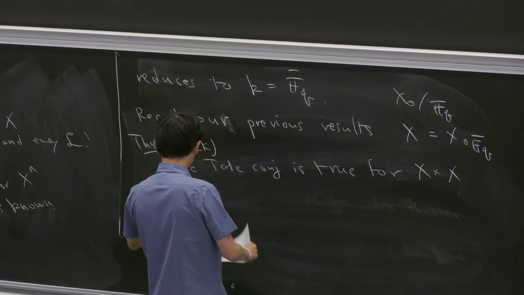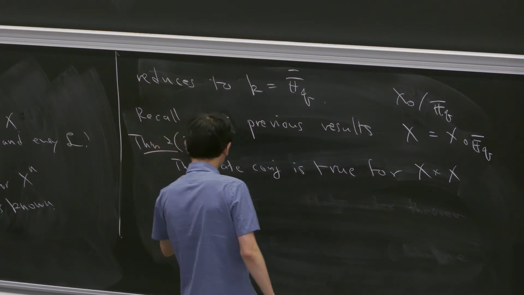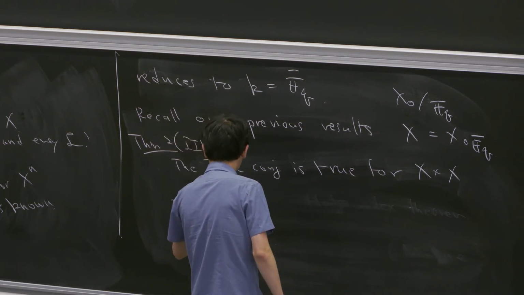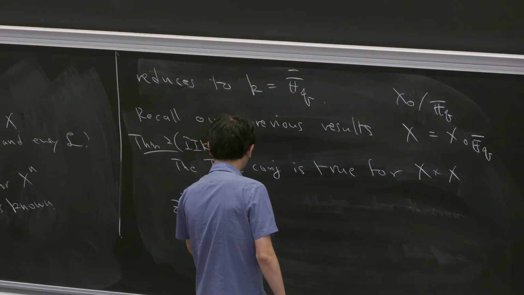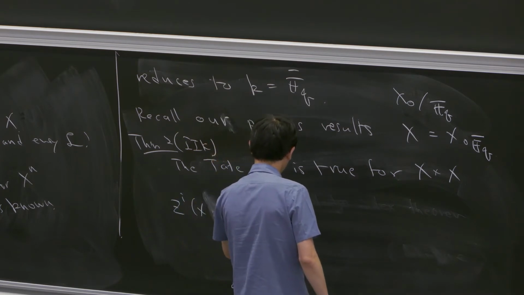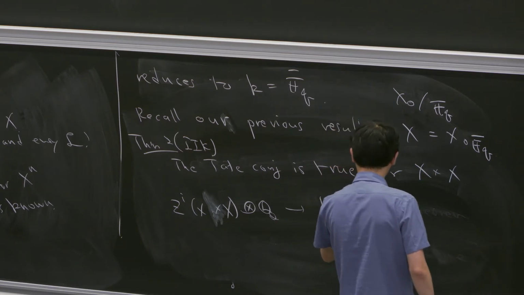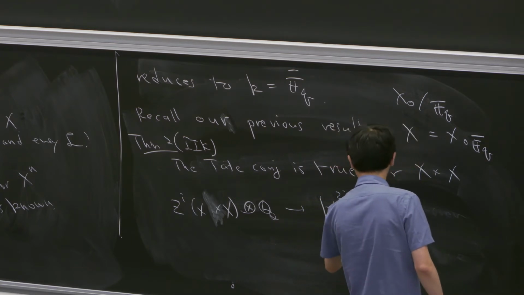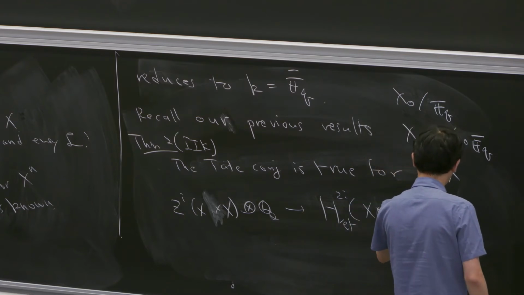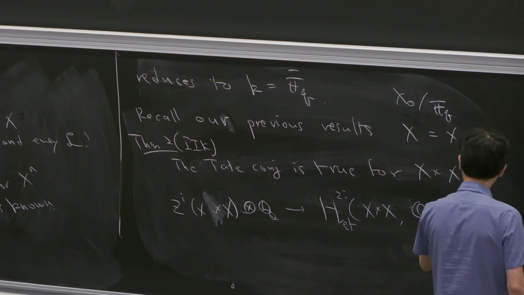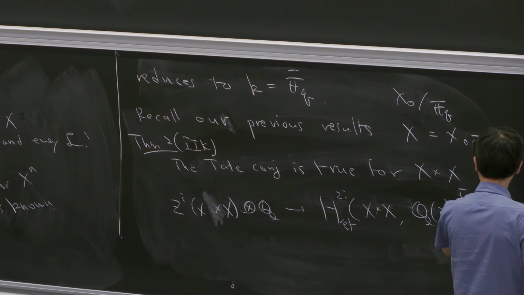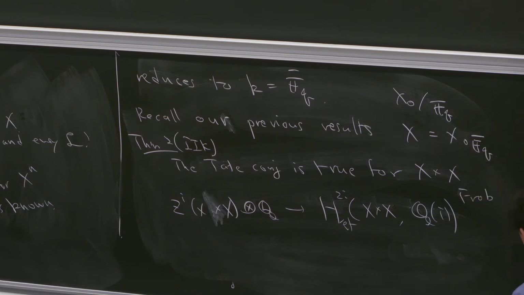The cycle class map to the Galois invariant part is surjective.